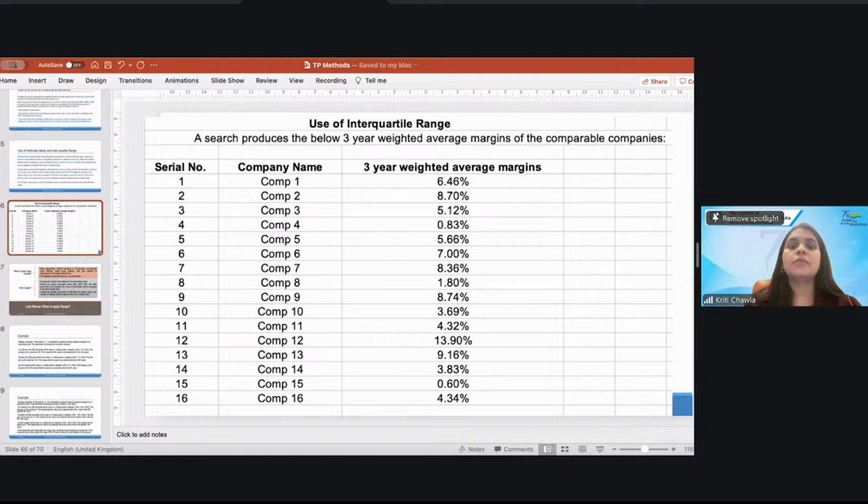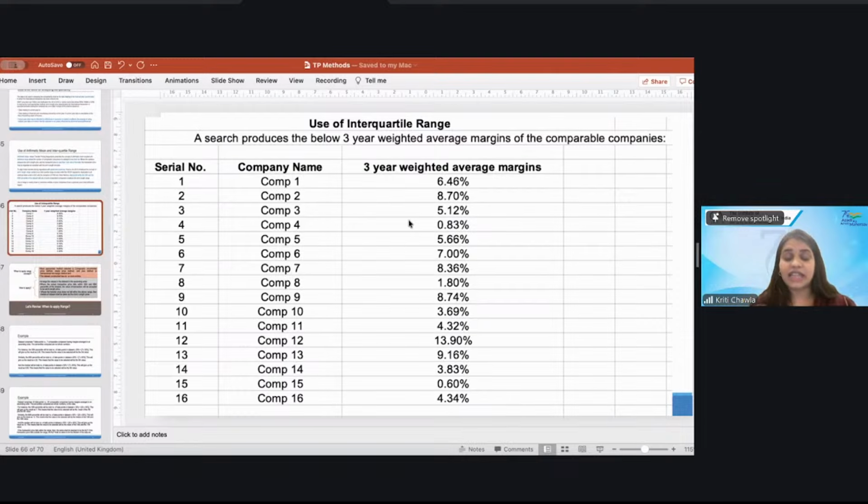Why? What is the maximum that the independent parties are earning? The maximum they're earning is 12%. That basically means that they are paying tax on 12% profits. What are we earning?